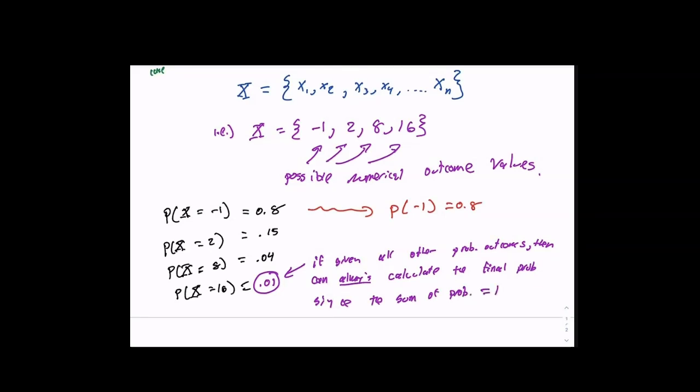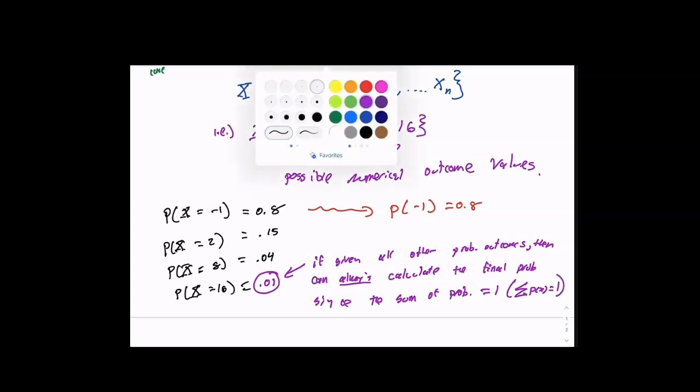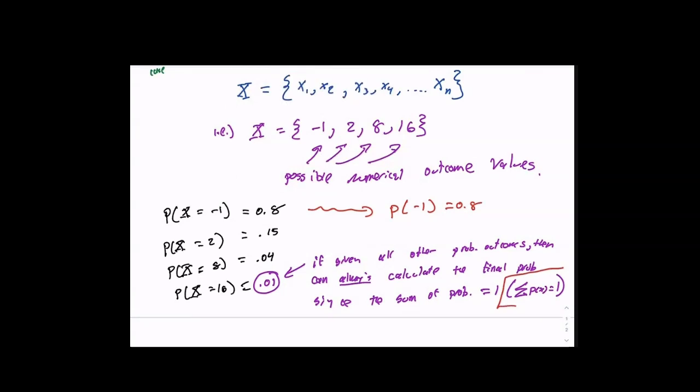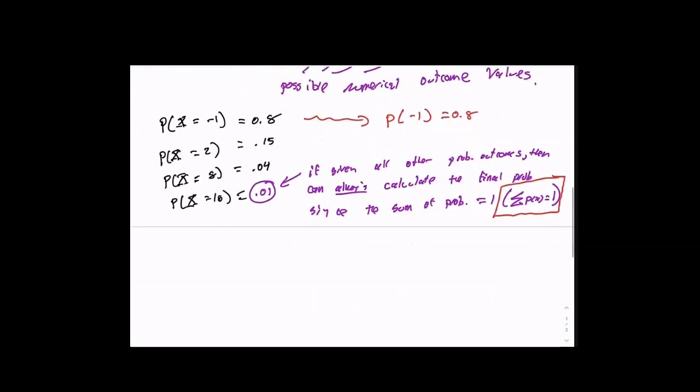In other words, we write this as the sigma of p of x must equal 1. So we know that the sum of all the probabilities, and that's the notation, the sigma, is 1.